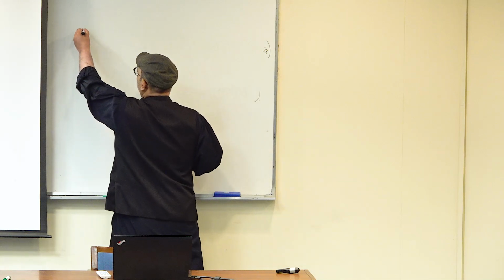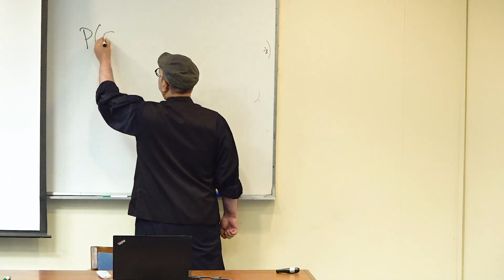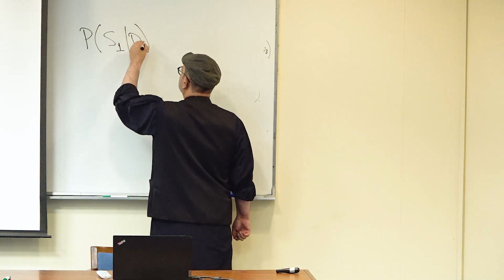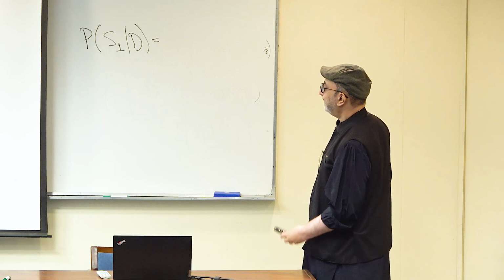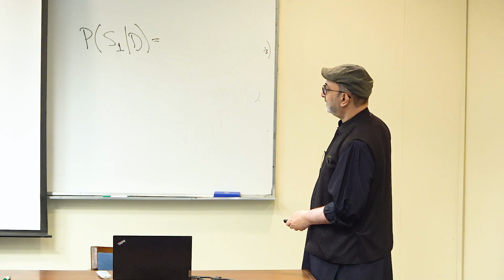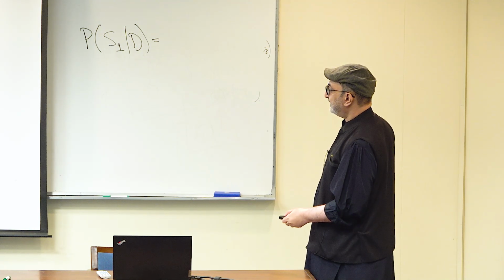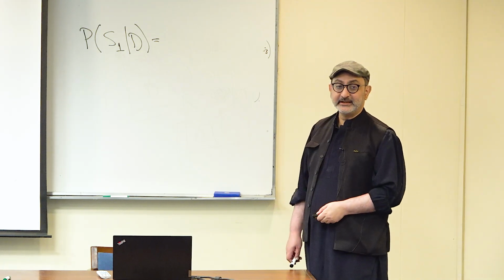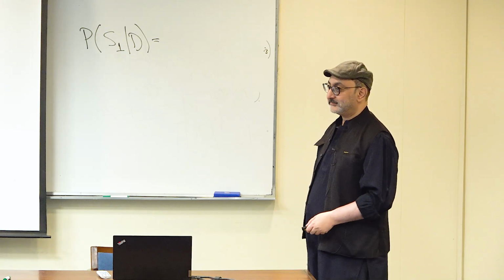So we are asked, what's the probability that a brain came from S1 given that it's defective? What did we have? We had D given S1, but we don't have probability of S1 given D.